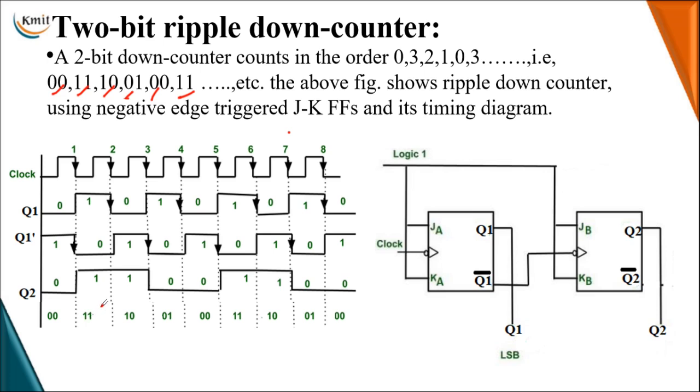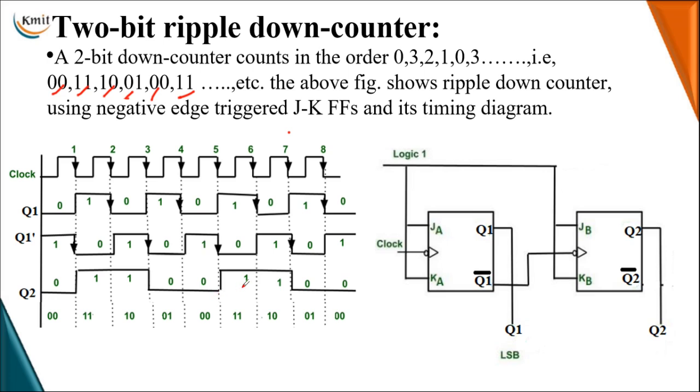Now by observing this timing diagram, the initial states are Q2 is 0 and Q1 is 0. Then the next state in the down sequence is Q2 is 1 and Q1 is 1. After 1 1, the next state must be one less than the previous state, so 3 minus 1, which is 2: Q2 is 1 and Q0, the least significant, is 0. The next state after 1 0 is 0 1, one less than the present state, and subsequent to 0 1 will be 0 0.